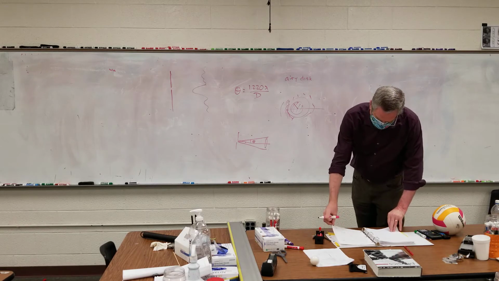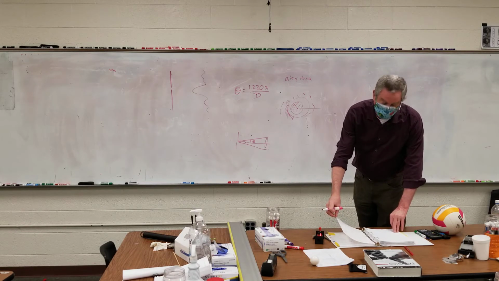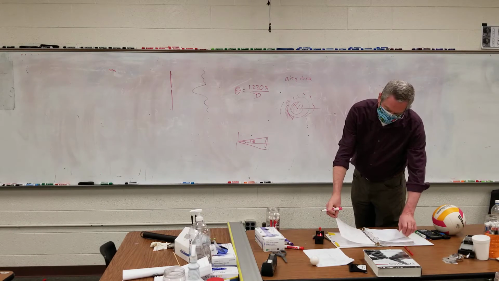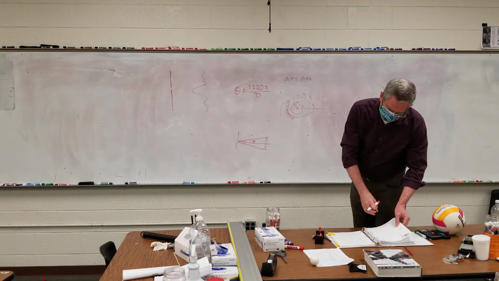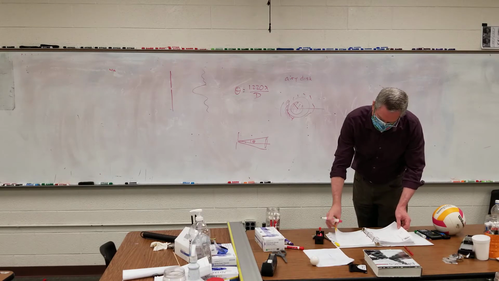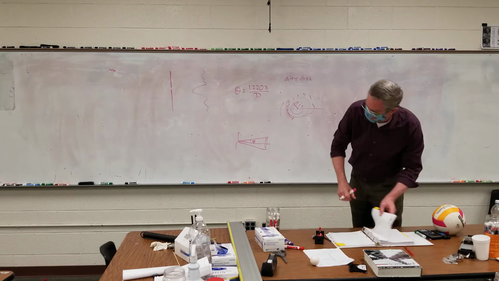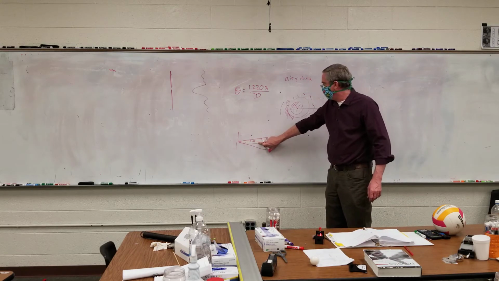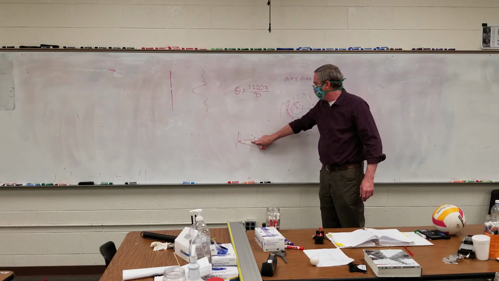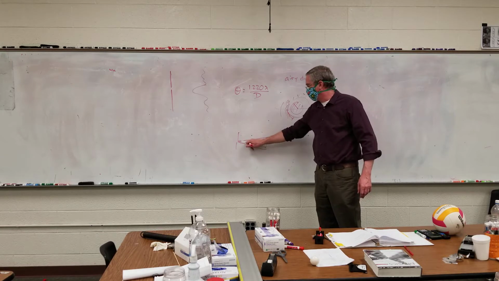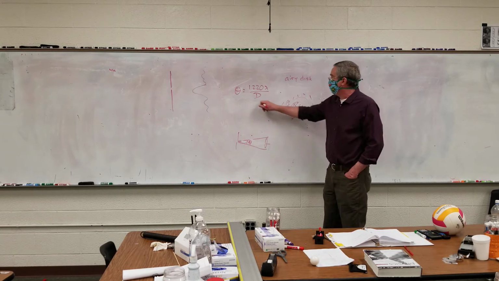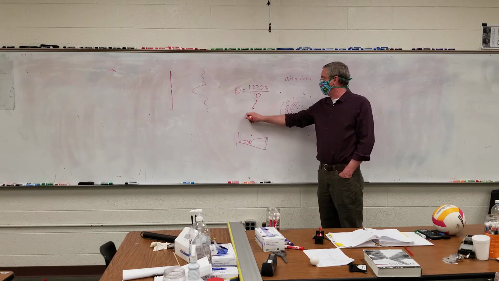Is that 1.220 or is that? 1.220, okay, yes. And over the diameter of the Airy disc? All sorts of little mistakes today. It's going to be one of those days. This D right here is the diameter of the aperture.